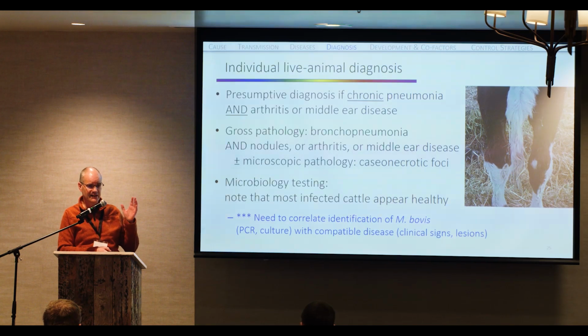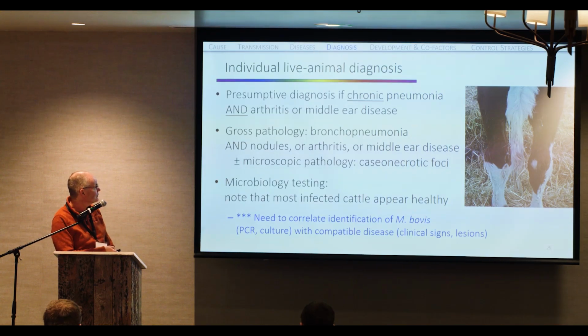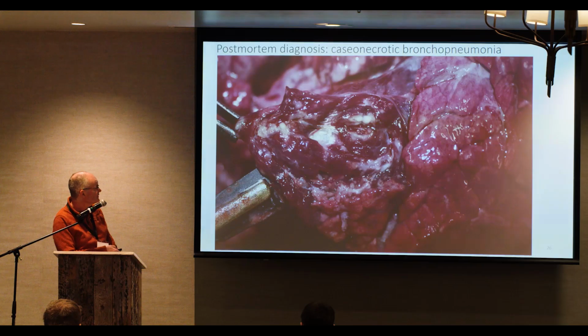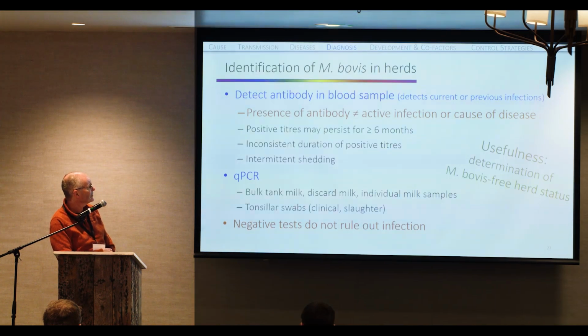You really need to see a characteristic appearance of the disease as well. We need to see, for example, these lung nodules in order to confirm that the disease is caused by Mycoplasma bovis.